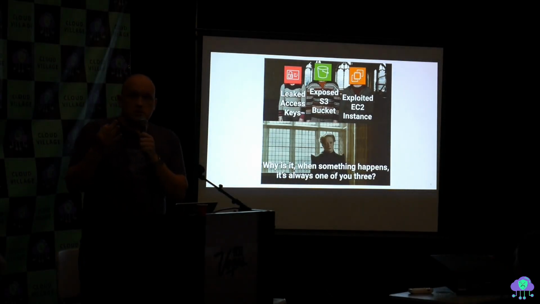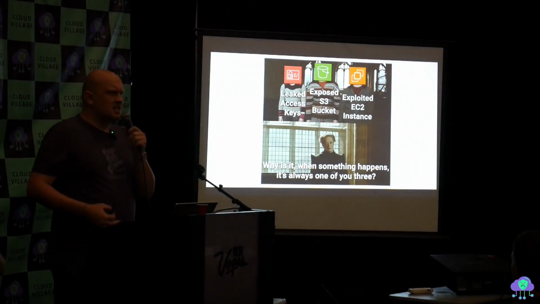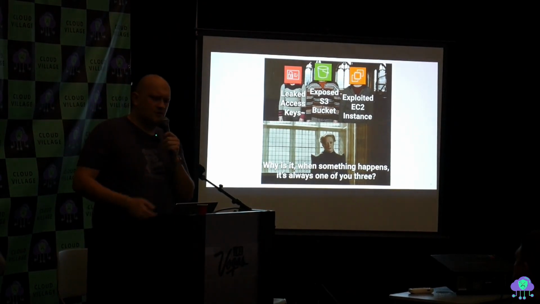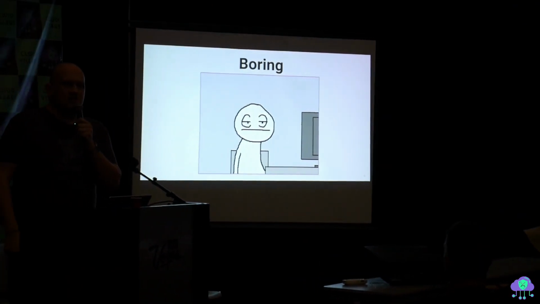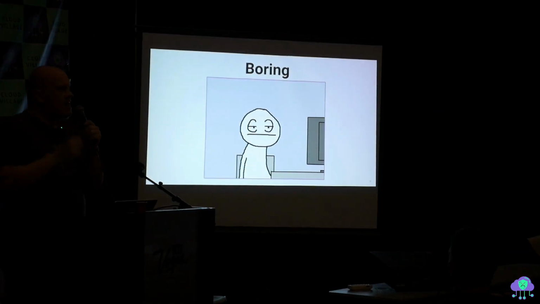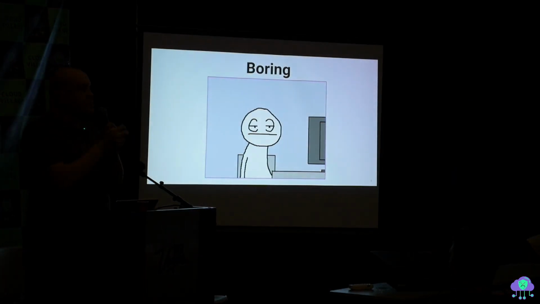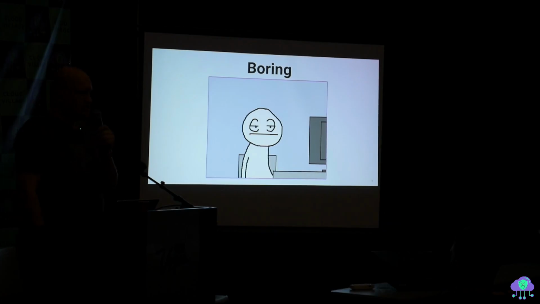And to be clear, these are very real risks that we do have to contend with, but this is Cloud Village. This is nothing you haven't seen before, and again, these are boring. What we're gonna be doing instead is kicking in the door to the cloud, breaking into US East 1, and exploiting vulnerabilities in AWS services themselves, particularly by taking advantage of pre-existing trust. What do I mean by that?